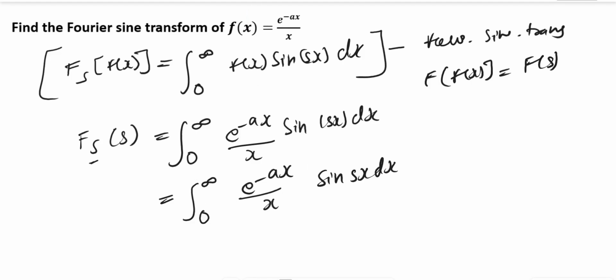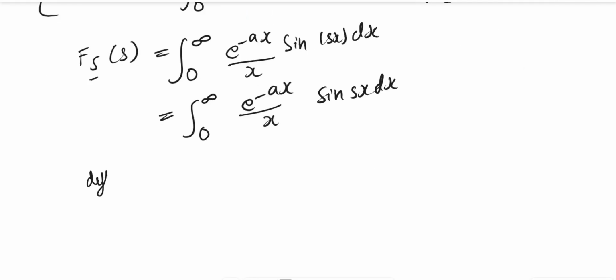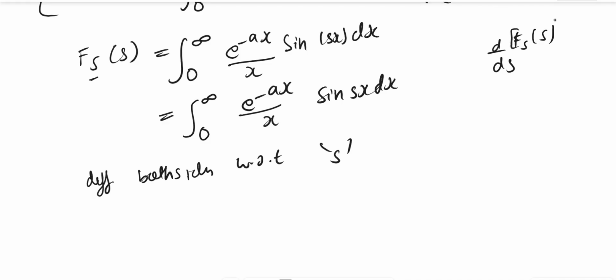Now, to solve this further, differentiate both sides with respect to s. So that will become d/ds of the Fourier transform. We take the derivative once. Integration and derivative will give us the Fourier transform of the function F(s). So, we keep the left side as it is while taking the derivative, and we will work on the right hand side.